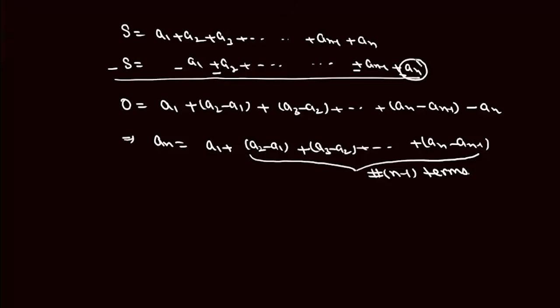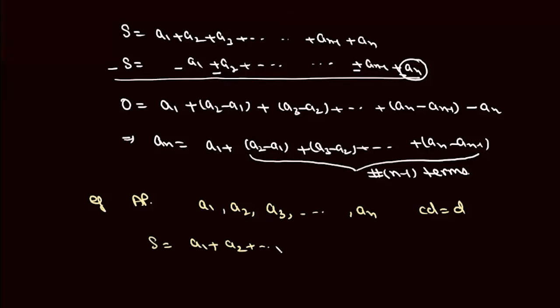And we can use it to find the nth term of an AP. Suppose we have an AP whose terms are A1, A2, A3, up to AN, and the common difference is D. We can write this sum as A1 plus A2 plus up to AN.